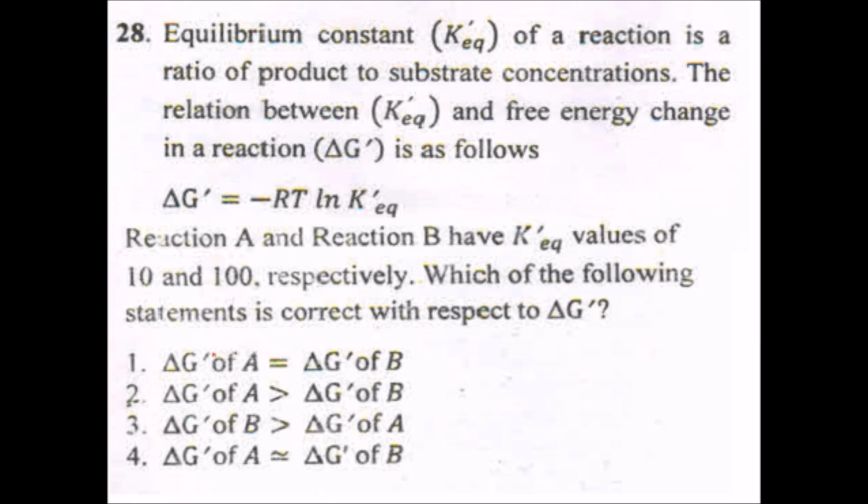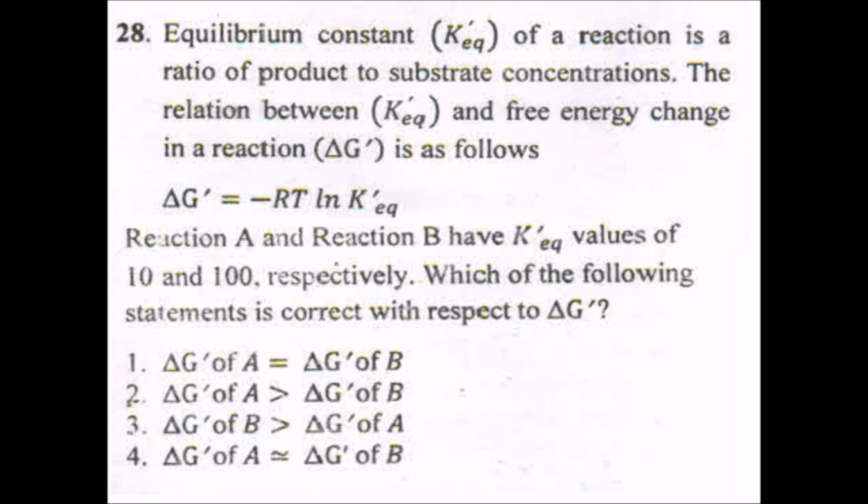It's very simple. The question is that the equilibrium constant Keq of a reaction is the ratio of product to substrate concentrations, and the relation between Keq and the free energy change in the reaction, represented by del G, is as follows.